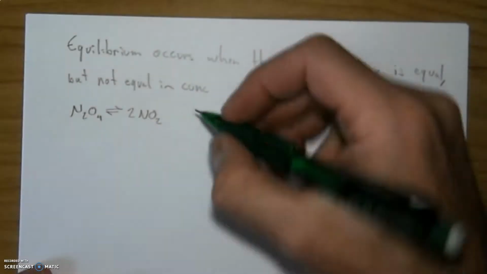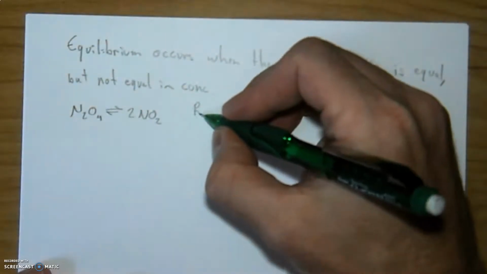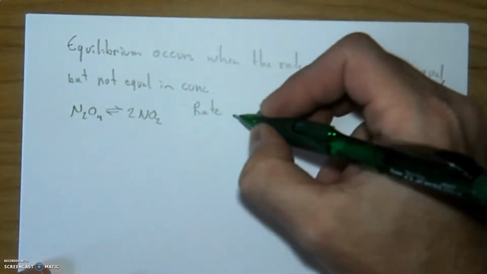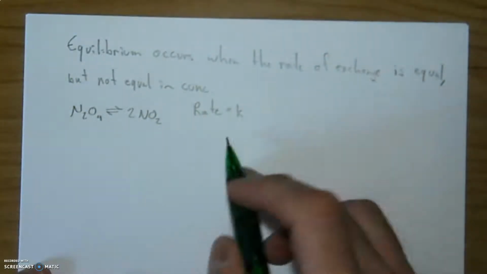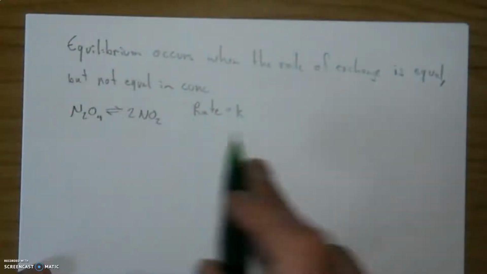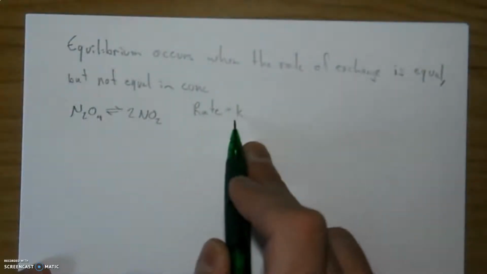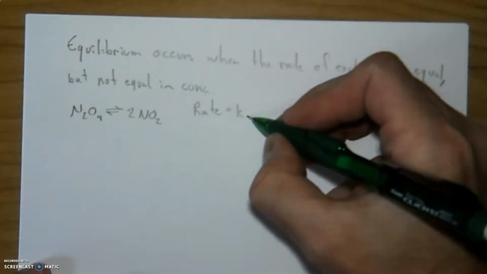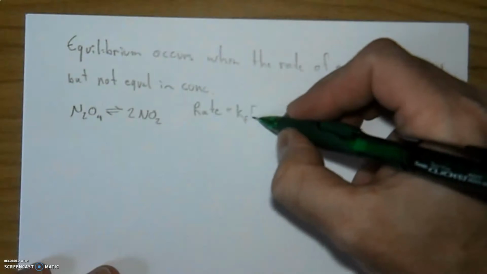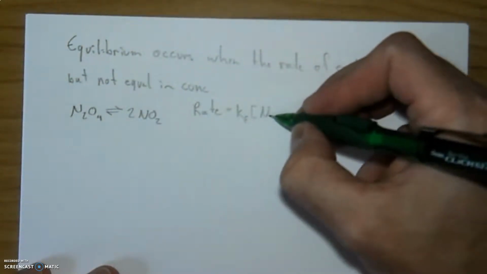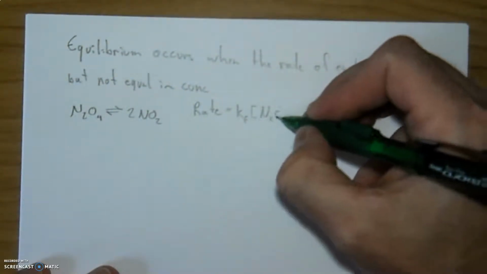Okay, so let's talk about how we can think of this using chapter 14 as a reference. If we want to look at reactants as something we're dealing with, which is typically what we did in chapter 14, we have the rate of reaction, and then we have K, and just to signify this, I'm going to put a little f here for forward reaction. And I will write down the reactant that we have.